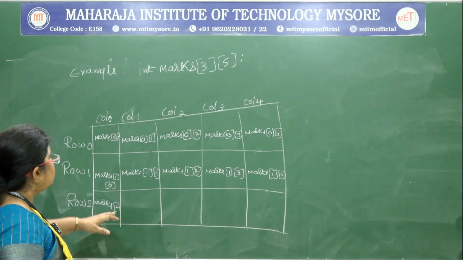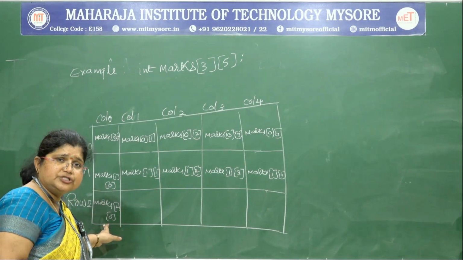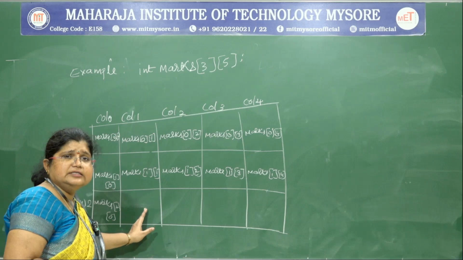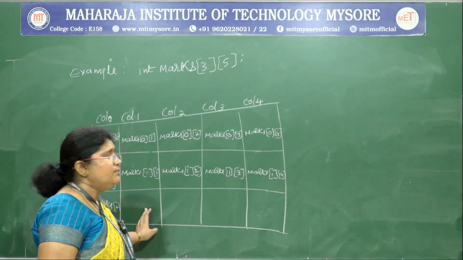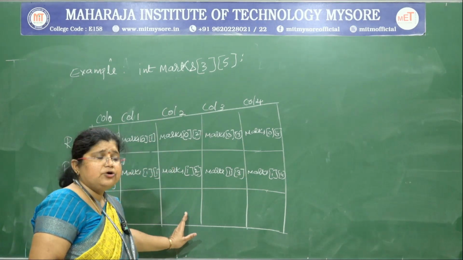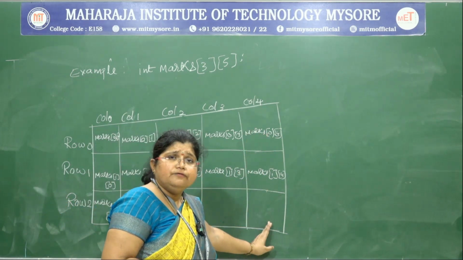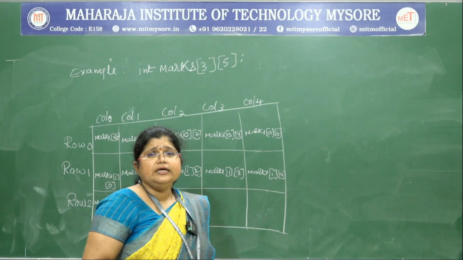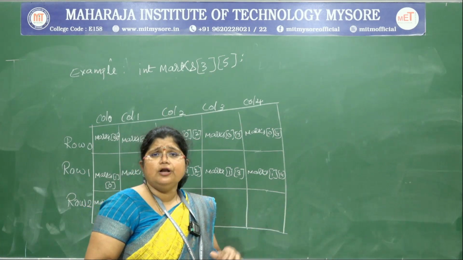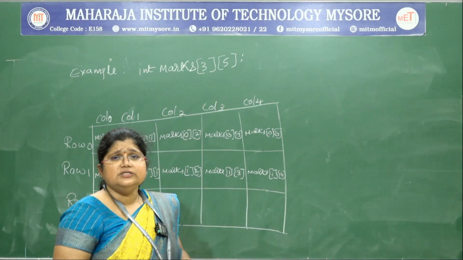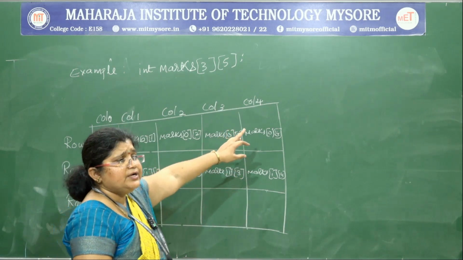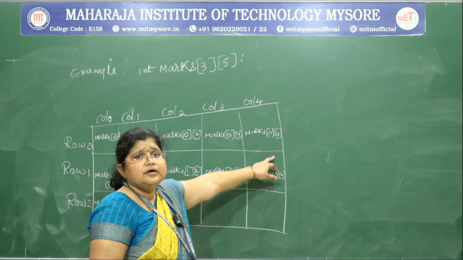In the same manner, column 0 is the first column, column 1 is the second, column 2 is the third, column 3 is the fourth, and column 4 is the fifth column. It contains 5 columns, but indexing starts with 0, so the last subscript is 4.